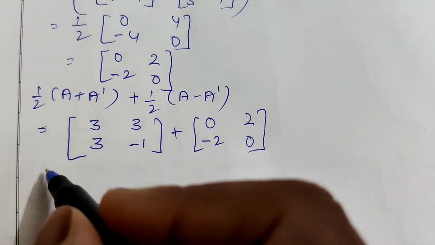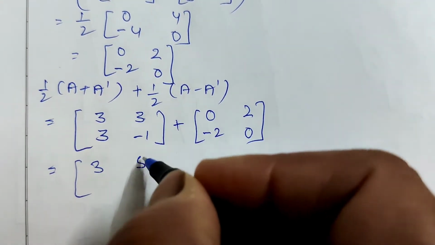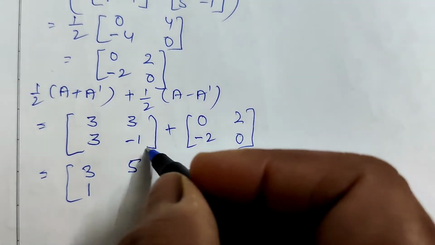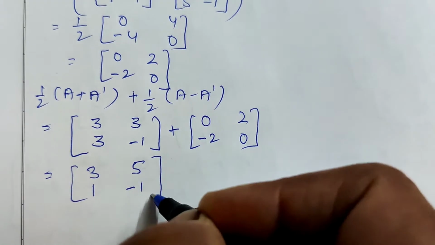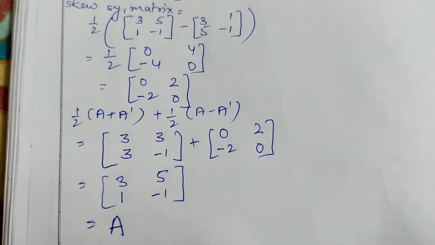This will be equal to 3, 3 plus 2 is 5, 3 minus 2 is 1, minus 1. This is equal to A itself.